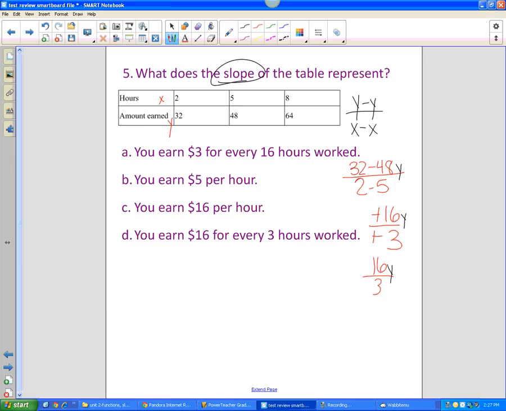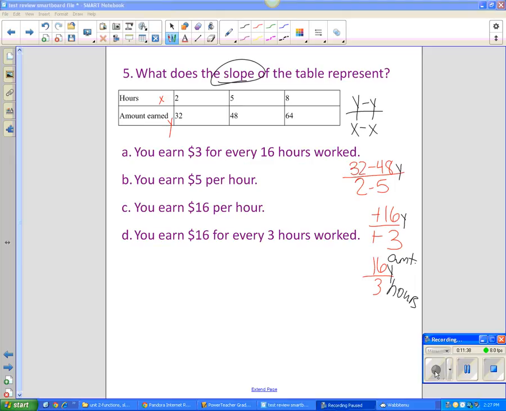Hours or amount? Y is the amount. So this is the amount. 3 is on the bottom. What's on the bottom of the formula? X. So you look up here, X is hours. Okay, so 16 is the amount.